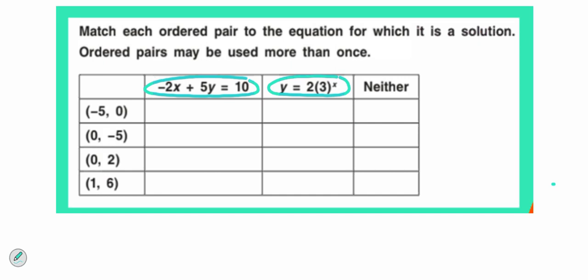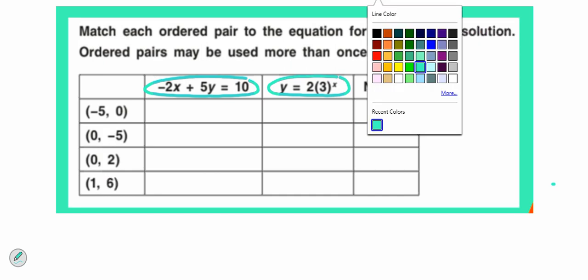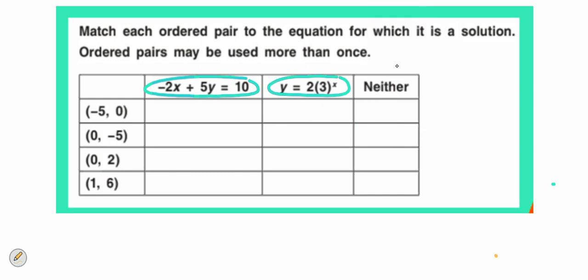So when we see negative 5, 0, that's the same thing in a table. The negative 5 is the x part of the point, and the 0 is the y part. So when you're looking at your table function, when you go to negative 5 for x, do you see a 0 for y?